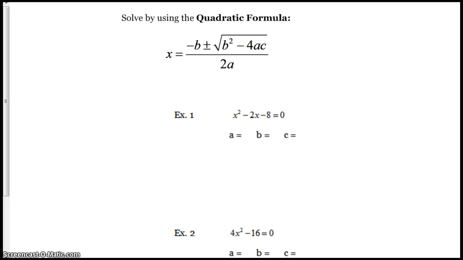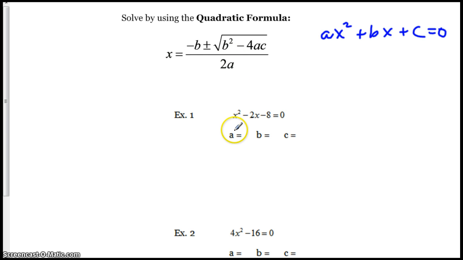So first, remember that our standard form is really important here when we pull out our a, b, and c. We must have the equation in standard form, the highest exponent down to the constant, and set equal to 0. Then we're going to use those values to substitute into the quadratic formula.